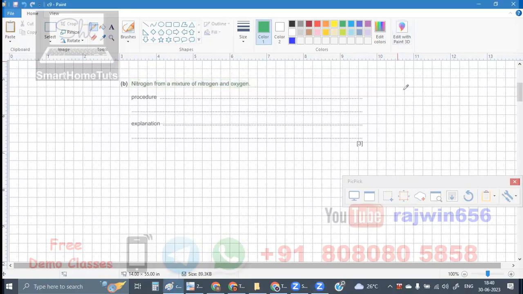Let us take here, at room temperature only, a mixture of water and alcohol. Water, the boiling point is 100 degrees Celsius. Alcohol, the boiling point is 78 degrees Celsius. If you are having a mixture of water and alcohol, with 100 degrees Celsius and 78 degrees Celsius boiling points, the mixture will be boiled.